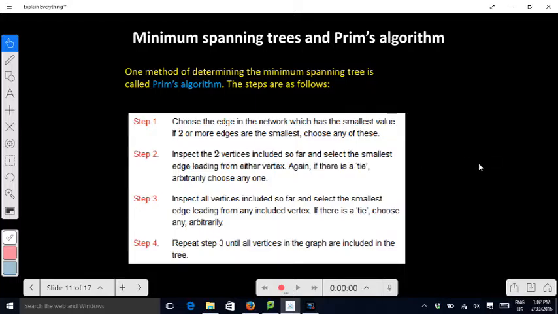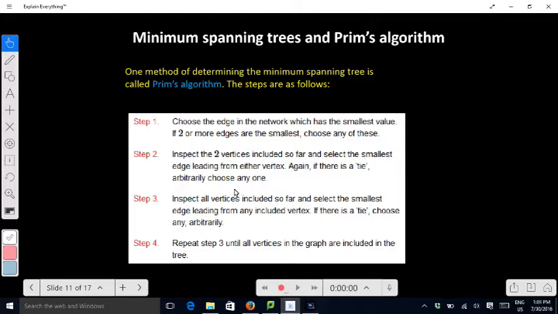So again, another algorithm. We've got lots of these now, and this one for determining minimum spanning trees is called Prim's algorithm. Step 1: choose the edge in the network which has the smallest value. If 2 or more edges are the smallest, choose any of these. Step 2: inspect the 2 vertices included so far and select the smallest edge leading from either vertex.